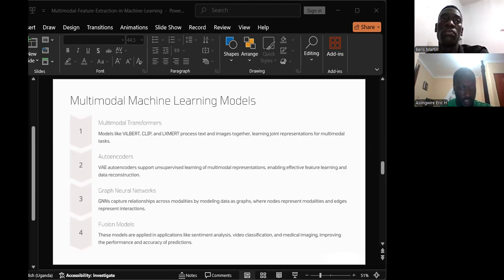Then going to the next one, we have the autoencoders. As the word suggests, these support unsupervised learning of multimodal representations. As the word unsupervised means, they learn from data without explicit labels or targets. And we have keywords like encoder and decoder.